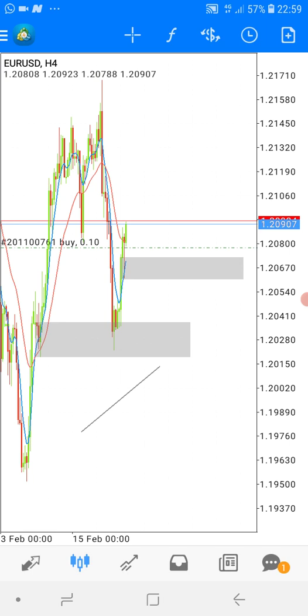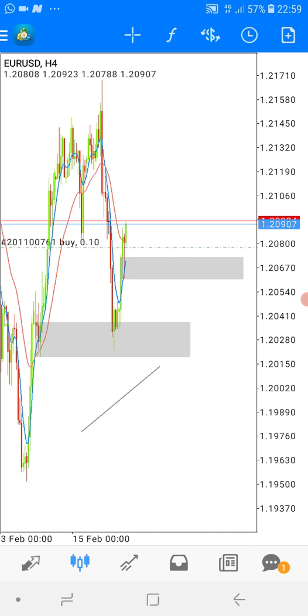So with this system, you need to follow a few rules. The first rule would be price needs to get to a zone first. So that's rule number 1. Rule number 2, price needs to break previous structure.